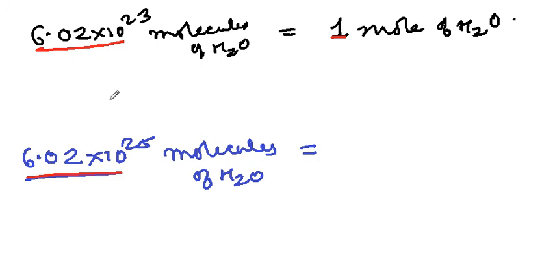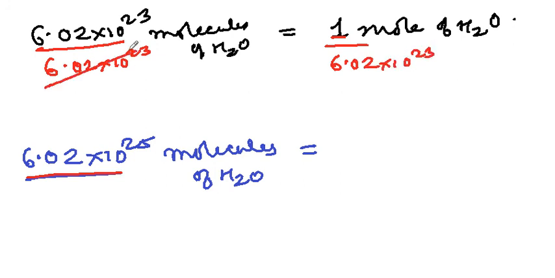We are going to divide it by 6.02 into 10 to the power of 23 on both sides, so that you get the mole for 1 molecule of water. So 1 molecule of water will have 1 by 6.02 into 10 to the power of 23 moles of water. And what is the value that we need? The value that we need is 6.02 into 10 to the power of 25.